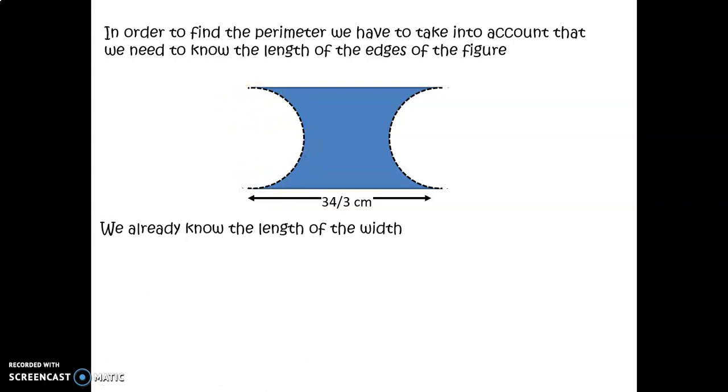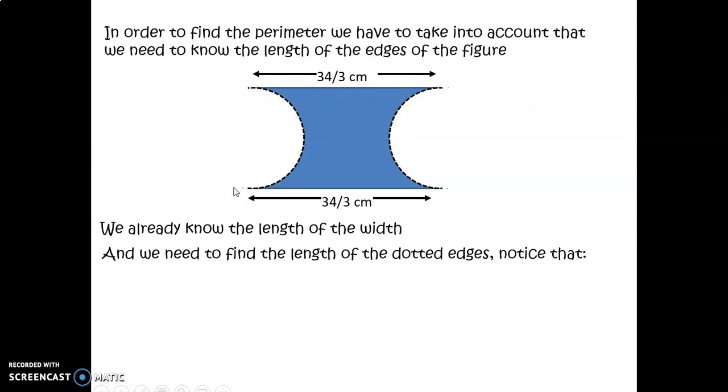So we already know that the length of the width is 34 over 3 centimeters, which is the same as this one. And the only part that we don't know is this one that is in here. So we need to find it. But you may notice that this part, as in the previous exercises, is half of a circle, but this part, we can place it in here.